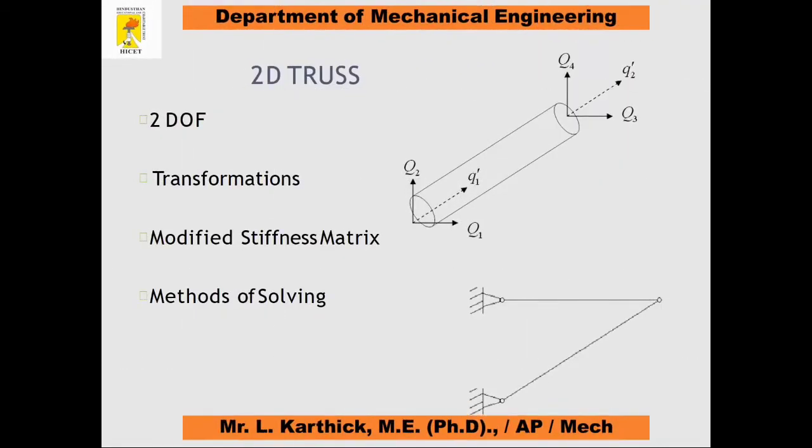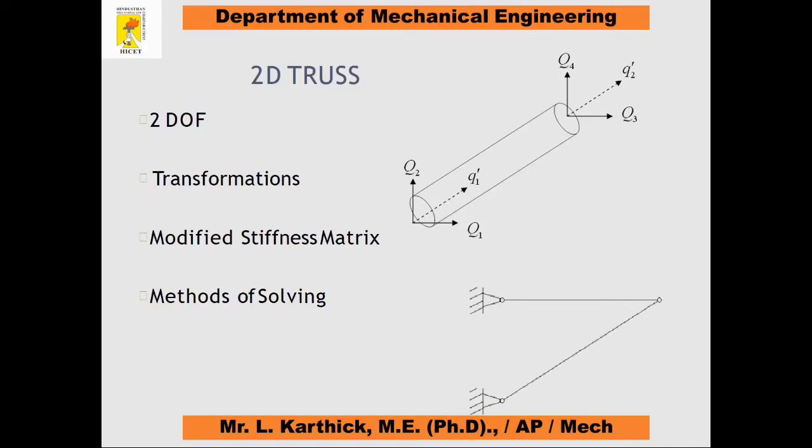For 2D truss elements, the combination of one-dimensional elements is called a 2D element. The skeleton view of a structure is called a truss. For this given figure, it has 2 degrees of freedom, and we need to analyze the transformation, because once we apply a load on it, there will be changes.